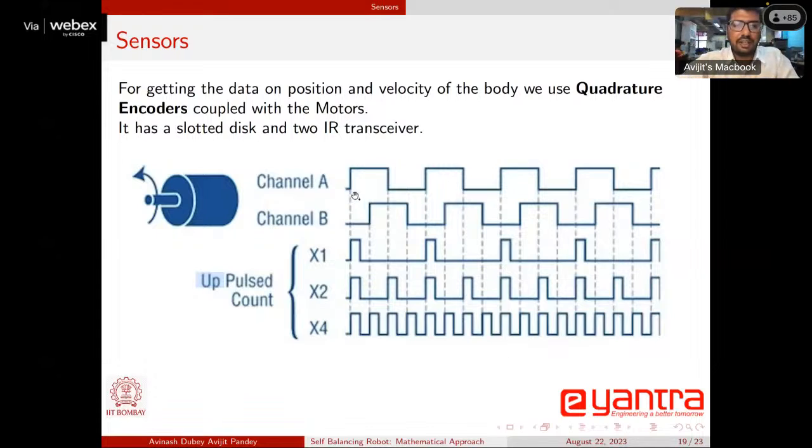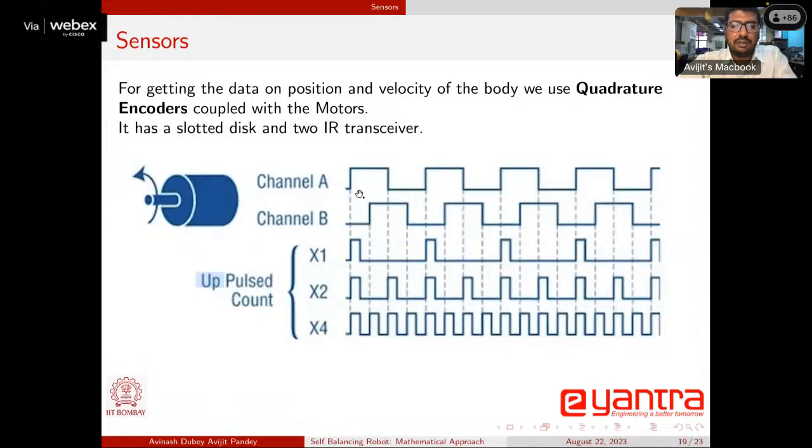You can see here every time this disk is rotating, channel A is creating a pulse, and channel B is creating a pulse. Every time the IR pair gets interrupted because of a slot passing through the sensor, it creates a pulse. Now you can clearly see that these pulses are at a 90-degree phase shift to each other.